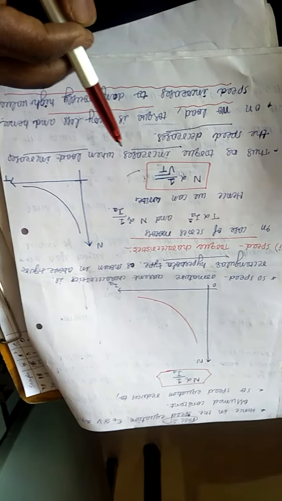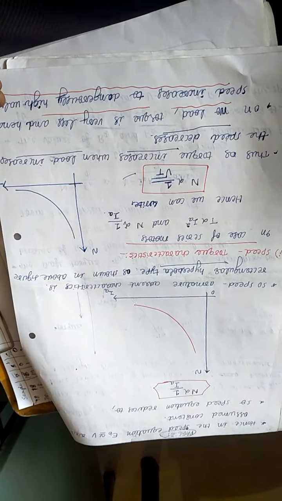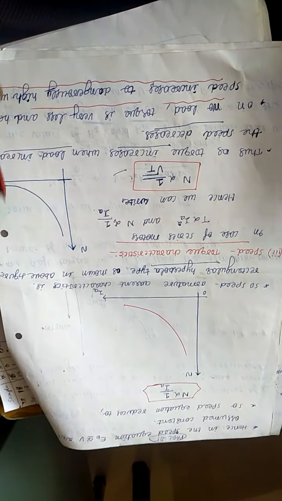This graph and that graph remain the same, because torque is directly proportional to armature current, similar to the previous shunt motor case. I hope you understood.